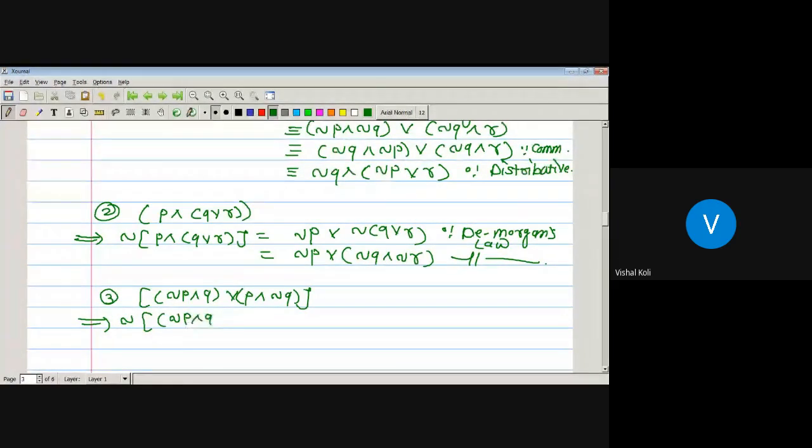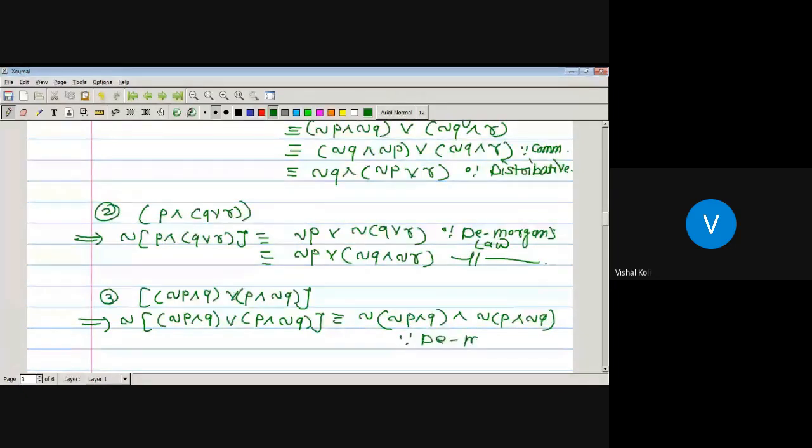Just write De Morgan's law. By De Morgan's law, we can write it as negation of the first statement, negation of P and Q, and then negation of the second, P and negation of Q, which is from De Morgan's law.